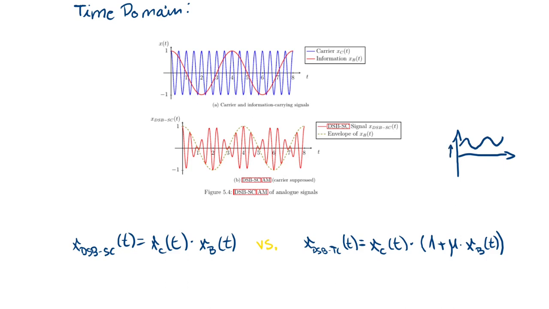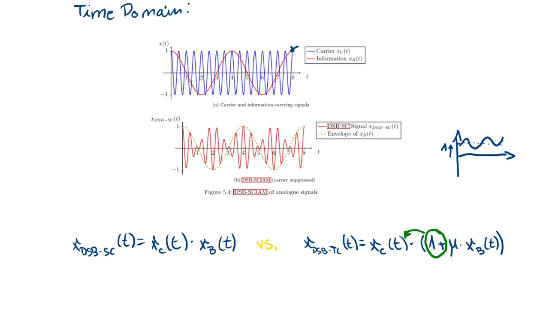So the information here in red was shifted up here, and then it is multiplied with the carrier, and this +1 has had the effect that the carrier is still present. Yeah, so the +1 is then multiplied with the carrier, and then the carrier is present in the signal.